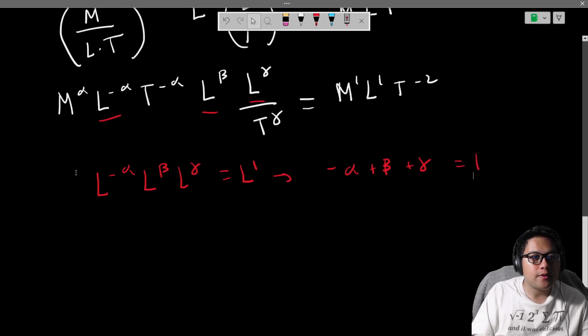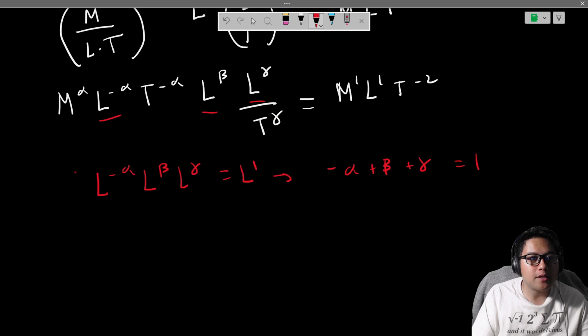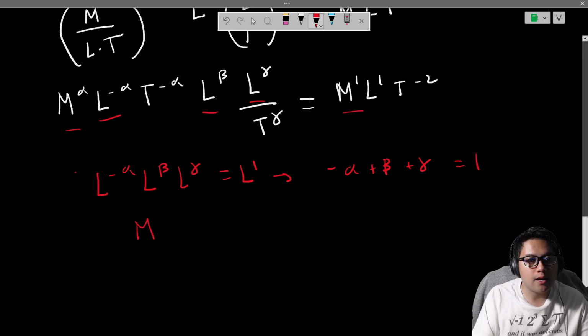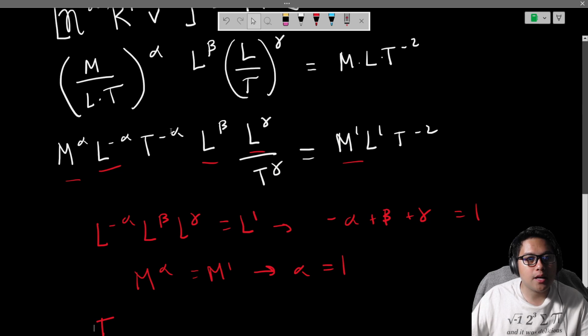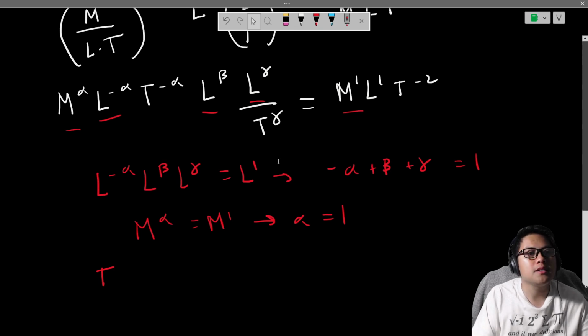M to the alpha is the only term that depends on mass. So here's M, and here's M. So we can say M to the alpha is equal to M to the 1. That's easy because we can just see that alpha needs to equal 1. And then we have T to the minus alpha and T to the minus gamma, which I should have written there, but it's the same thing.